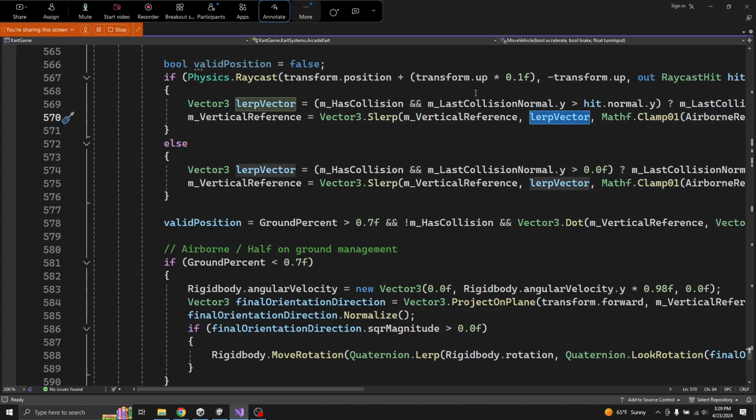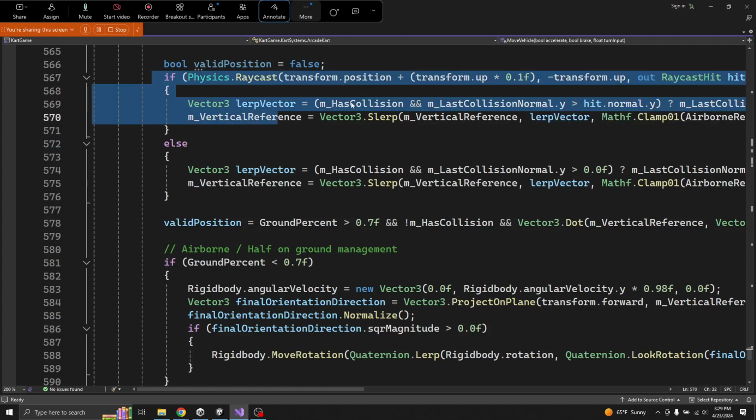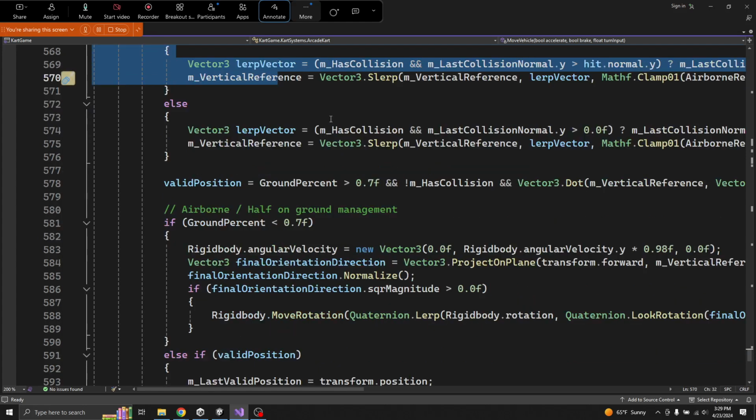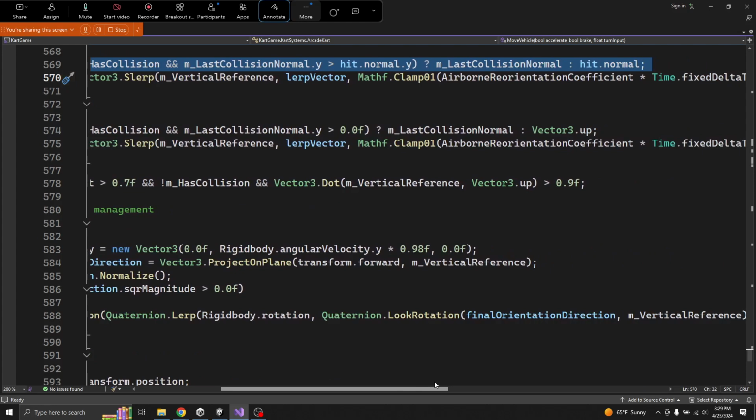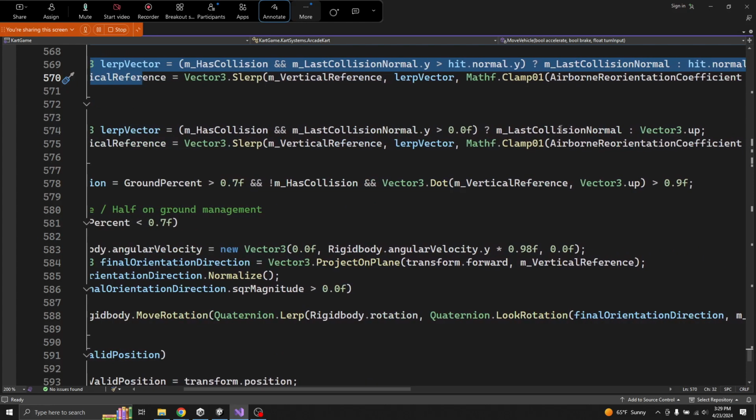And vertical reference is Vector3.up. So that's only if we had raycasted successfully. If we didn't, it looks like we're resetting. We're using our previous collision, or if our previous collision is not good, if it's 0 or less, we're going to reset back to up, and we're going to do the same stuff again. All right.